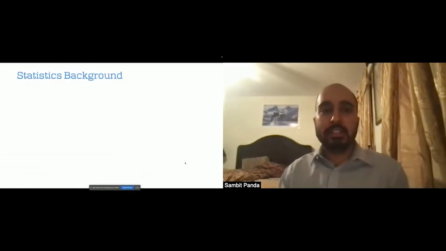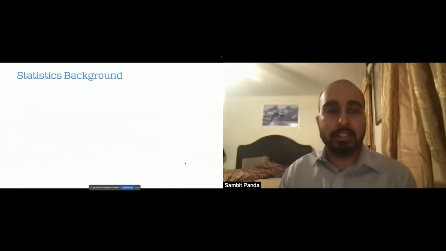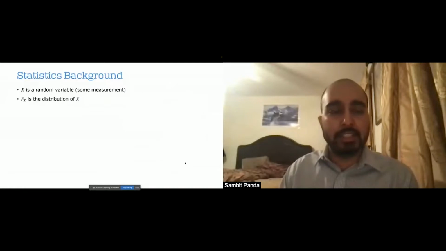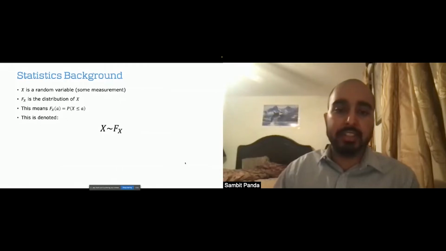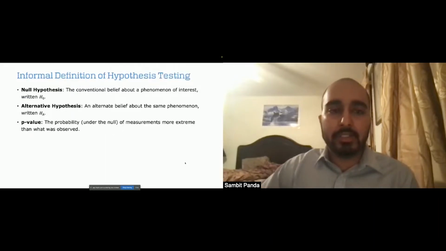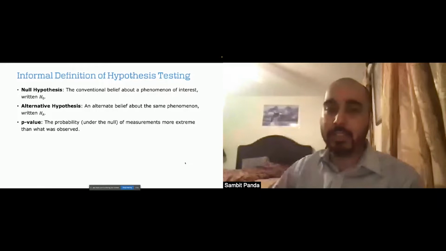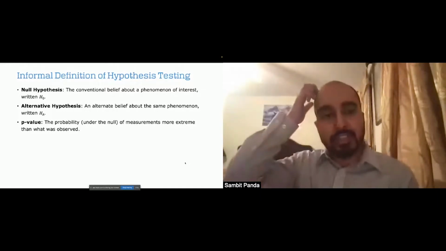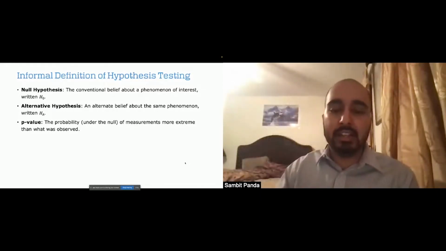A little bit of background about statistics. Basically, we take X to be some kind of random variable, which is some measurement. And then we're considering F_X as the distribution of X. So basically, we denote that X is sampled from some distribution F_X. In terms of hypothesis testing, an informal intro is that the null hypothesis is some conventional belief about the phenomena of interest, and we denote that as H naught.